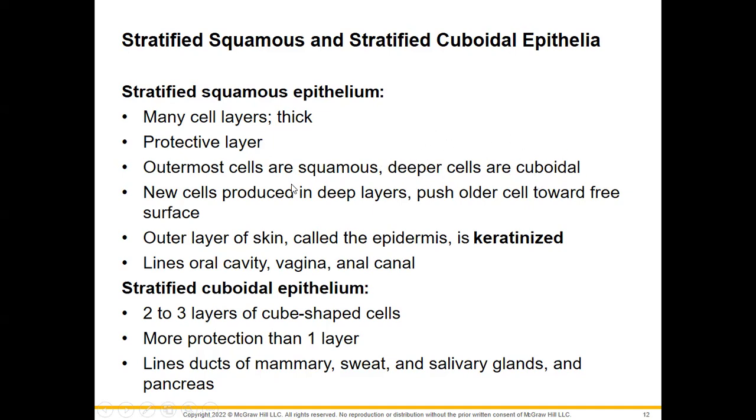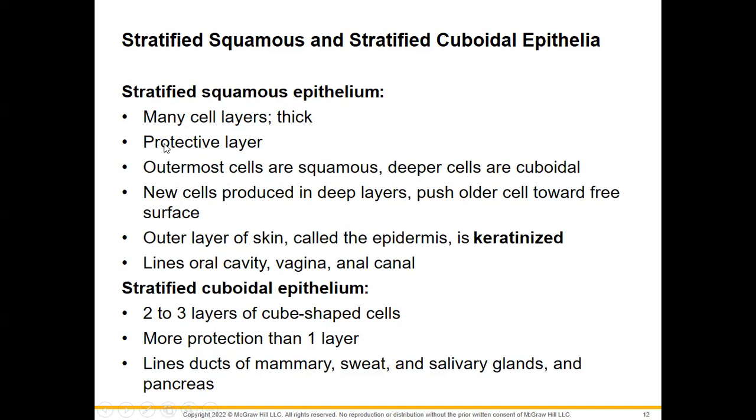It's those outermost or most superficial cells that are going to give you the most distinction in what type of cell it is. So again, in stratified squamous epithelium, your outermost cells or your most superficial cells are going to appear squamous, whereas the deeper cells are going to appear cuboidal.